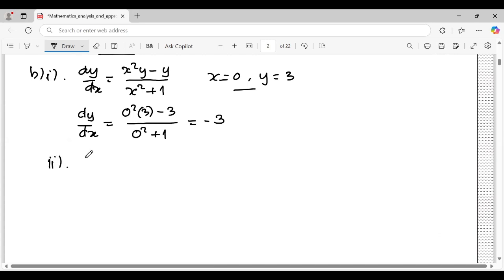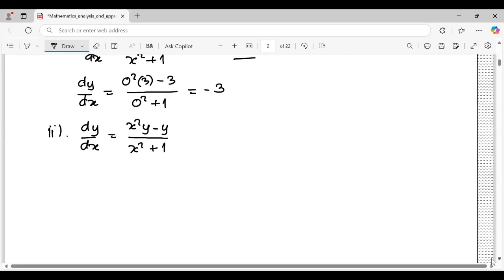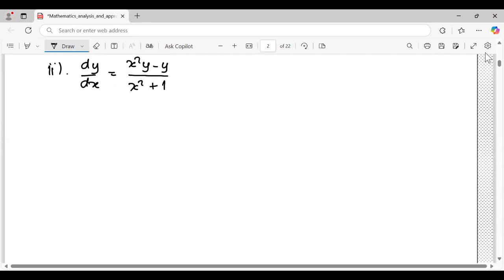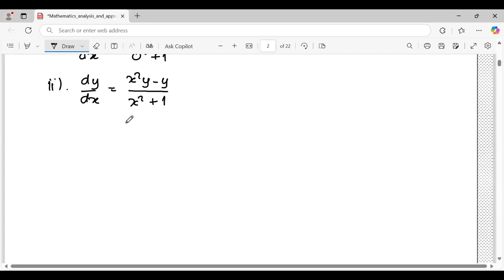Part 2. dy/dx equals x squared y minus y over x squared plus 1. Okay. So I'm going to find the second derivative. This is the first derivative and the second derivative is this one.